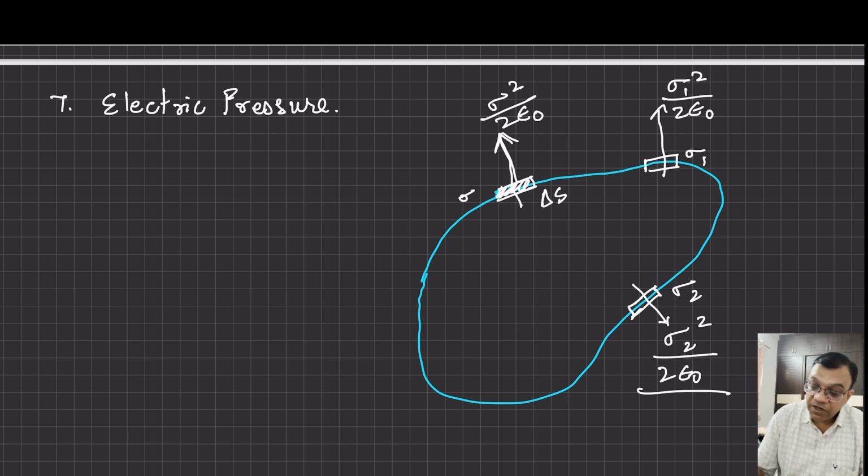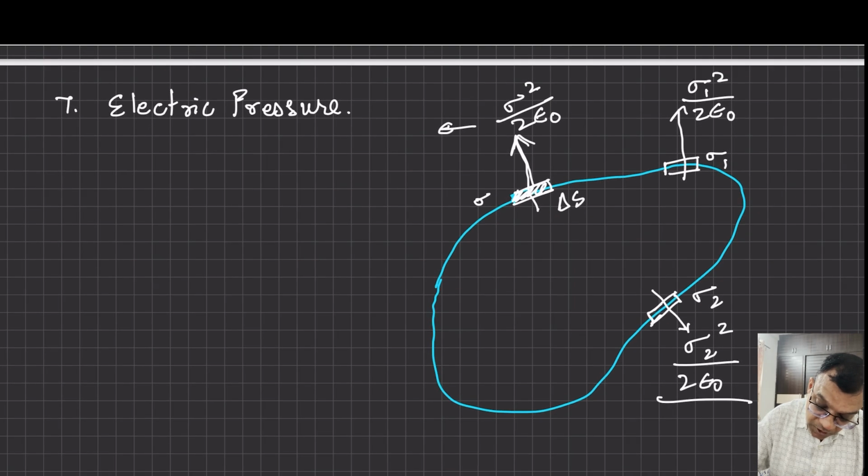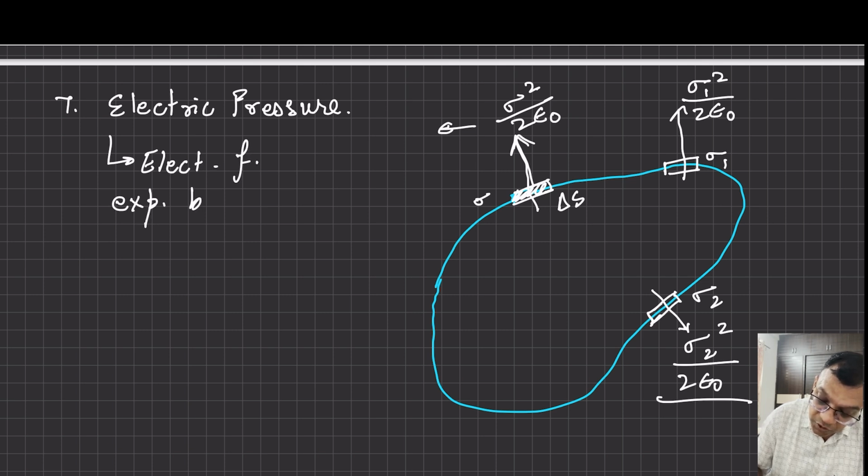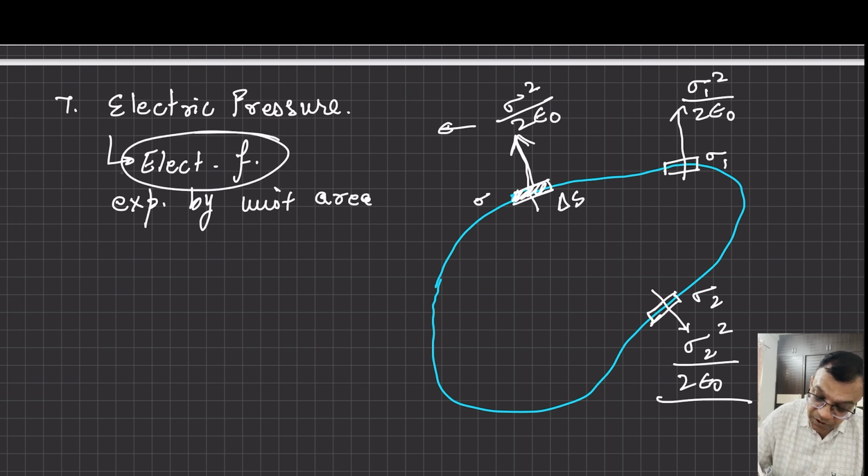This is nothing but electric force experienced by unit area. And this electric force is from where? Let us say we are finding the electric pressure at this particular area. Then who exerts the electric force here?